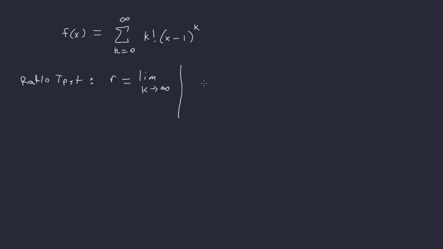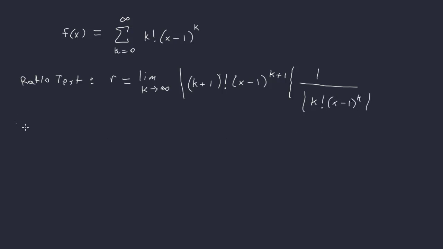And actually, since there's no fraction here, well, I'll still do the reciprocal, but it will be the k plus 1 term. So it'll be (k plus 1) factorial times (x minus 1) to the k plus 1. And then it will be the absolute value of the reciprocal, so I could really just say it's 1 over the absolute value of k factorial times (x minus 1) to the k.